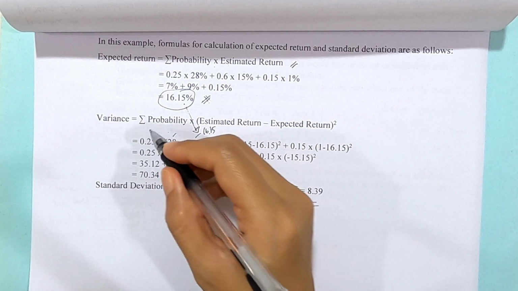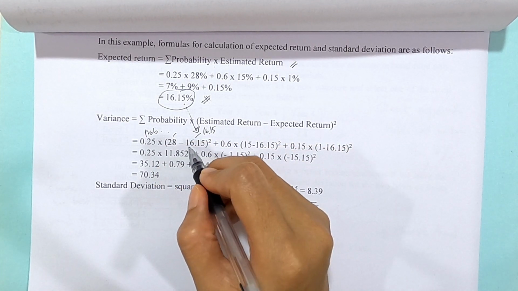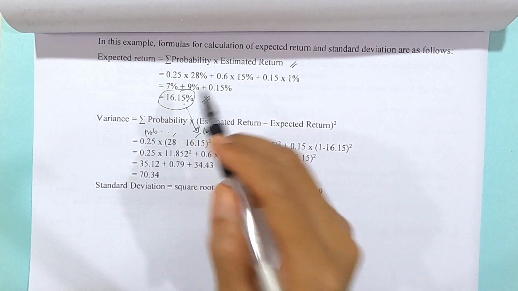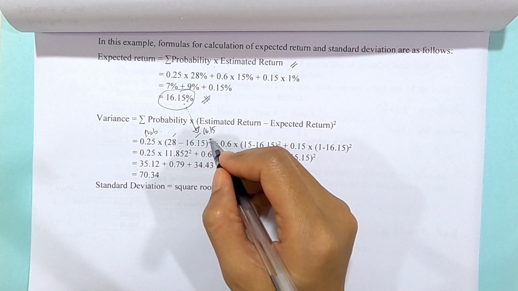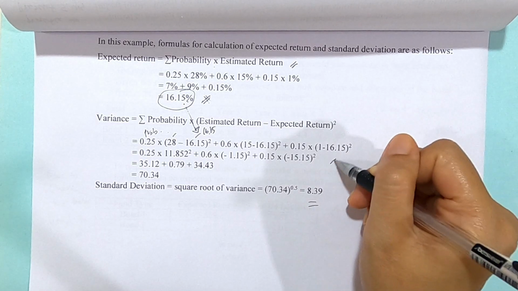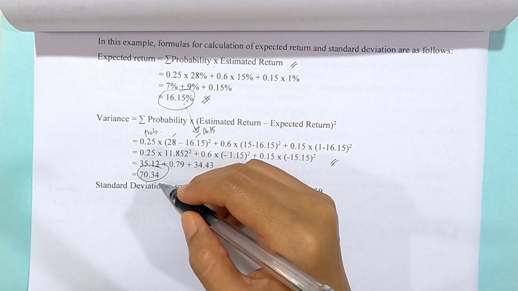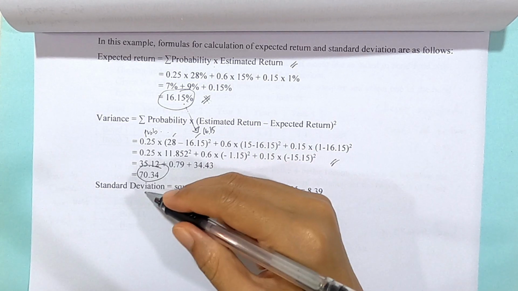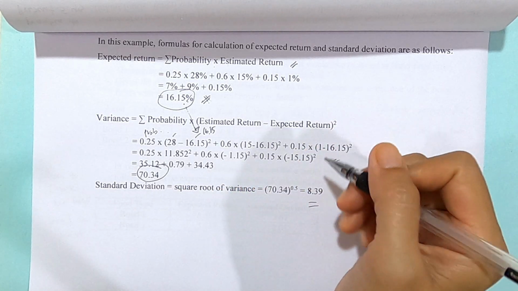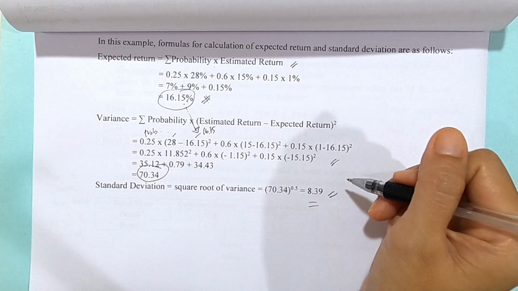This is the probability, times the estimated return minus the expected return that we already calculated here, and we give it a power of 2. We calculate this and we can see the variance is 70.34, and once we get the variance, we can calculate the standard deviation by just taking the square root of the variance, that is 8.39.